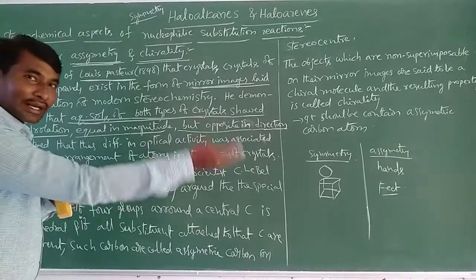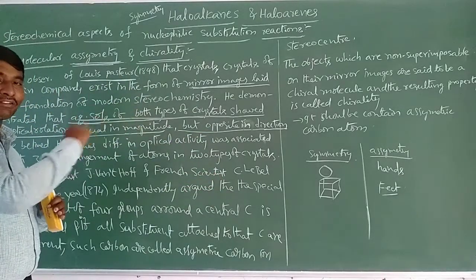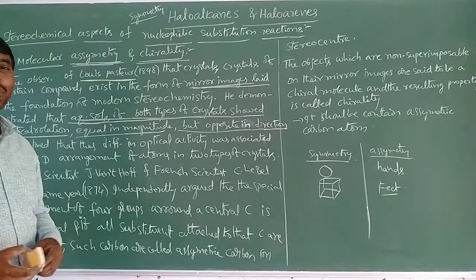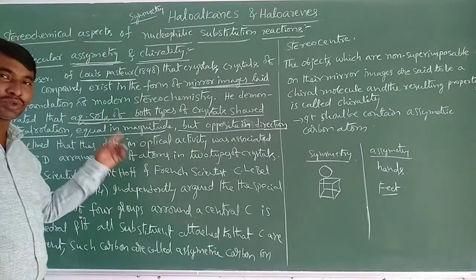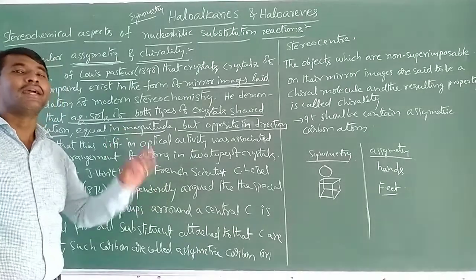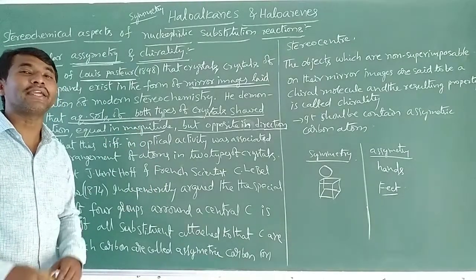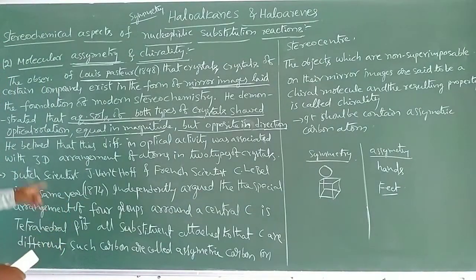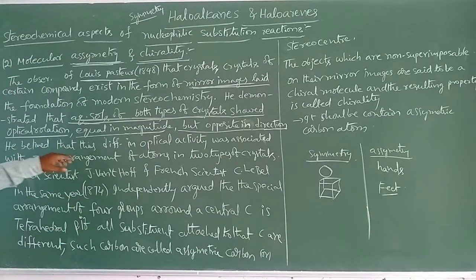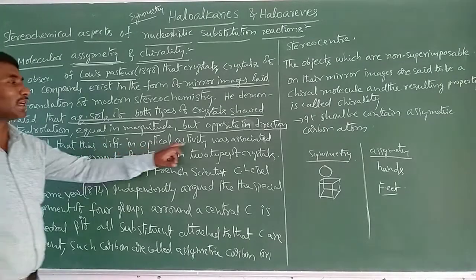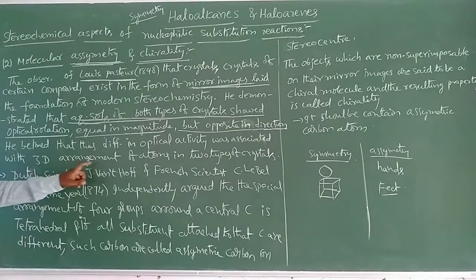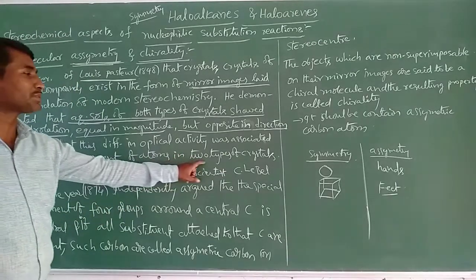That means right and left side, when plane polarized light passes through the solution, the rotation will be equal. He believed that the difference in optical activity was associated with the three-dimensional arrangement of atoms in two types of crystals.